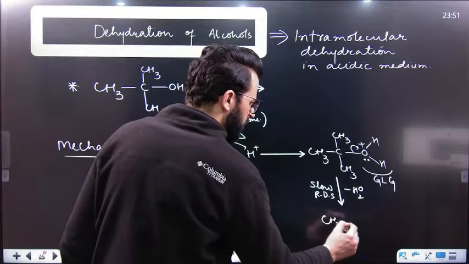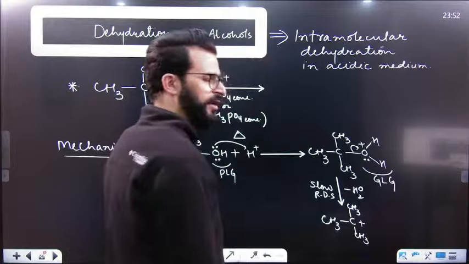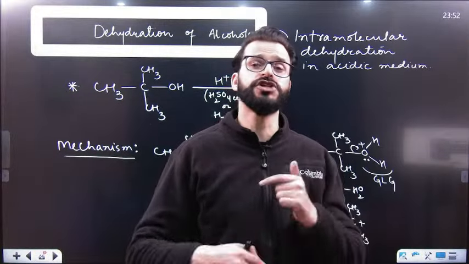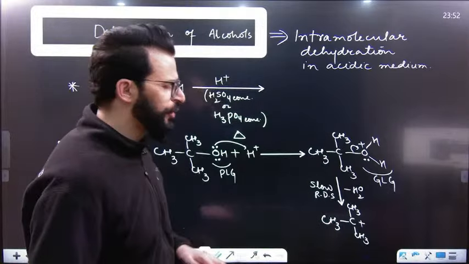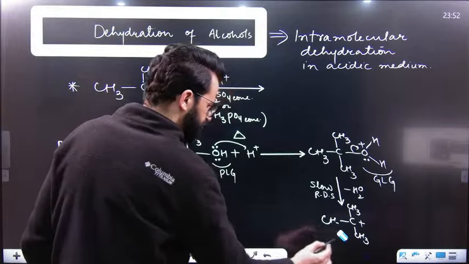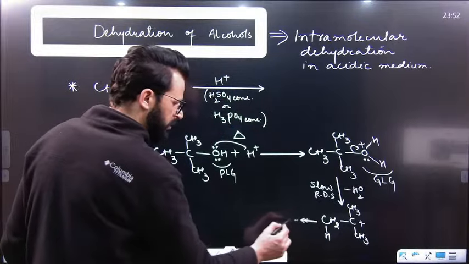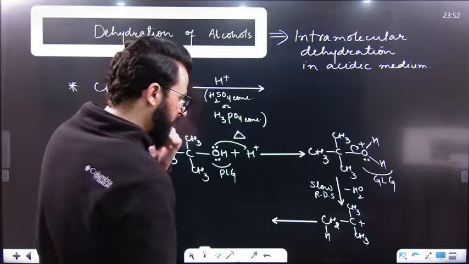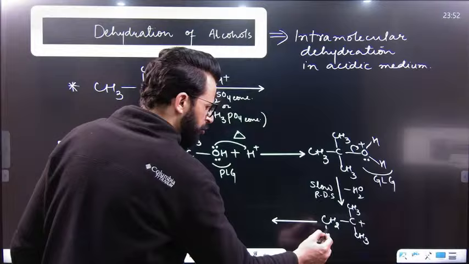So it will result in the formation of a carbocation like this. Now remember, wherever a carbocation is formed, we have to check whether rearrangement takes place or not. In this case there will be no rearrangement. Then this carbocation will lose a hydrogen from the position adjacent to the carbocation, either from this position or from this, H positive will be lost.